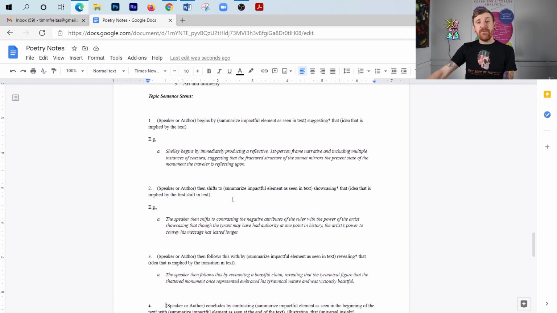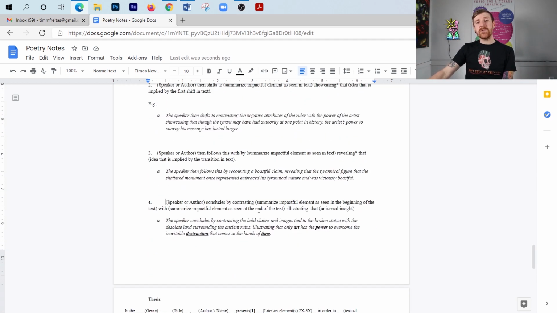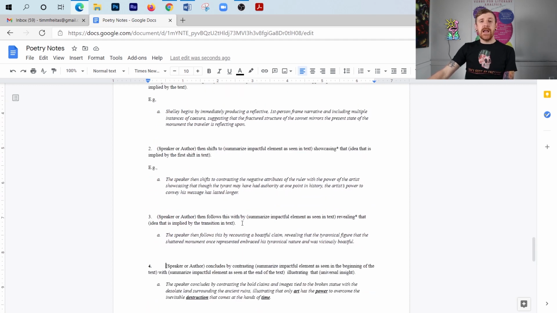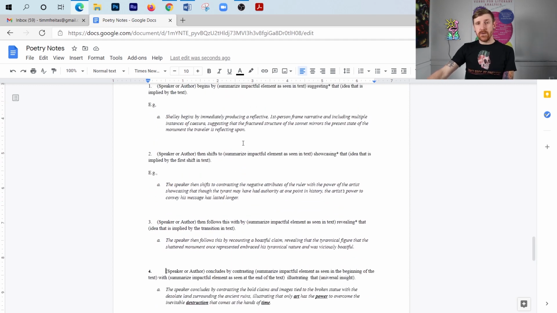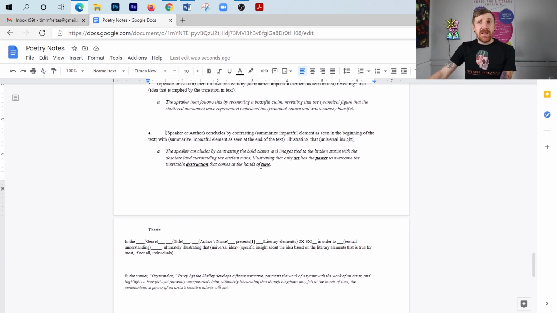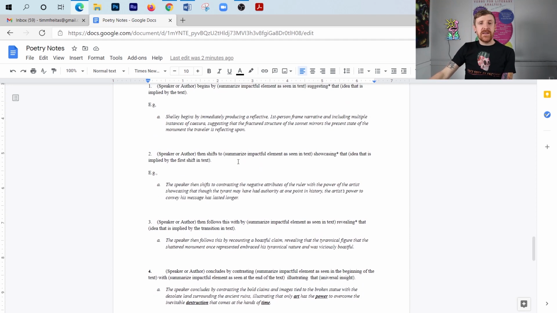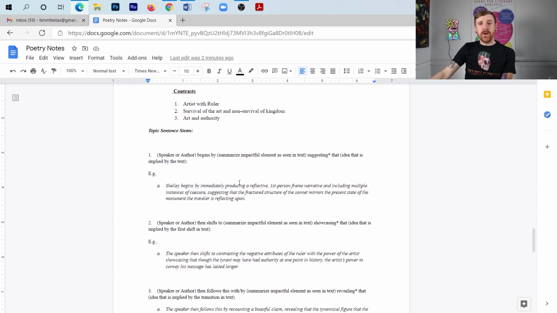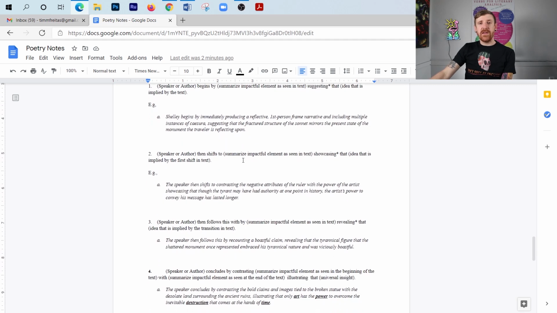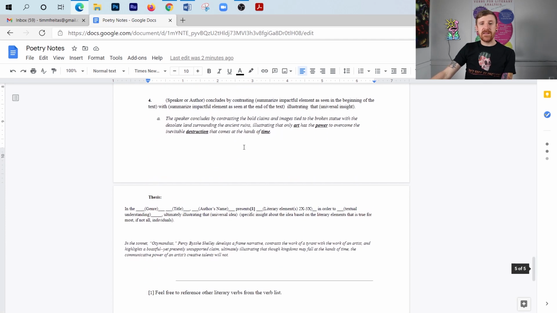And I take the images of the poem to actually convey that. And so now I've got 4 topic sentences, right? This last one will be for a conclusion, and this is my actual paper. This is what I'm going to write about. This is my whole essay. Now, I write my thesis last only because although it's going to be the beginning thing that someone sees, all I need to do now is go in here and just reword my literary elements and my understandings and put it into this format.